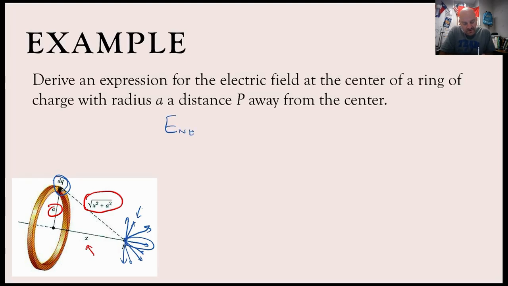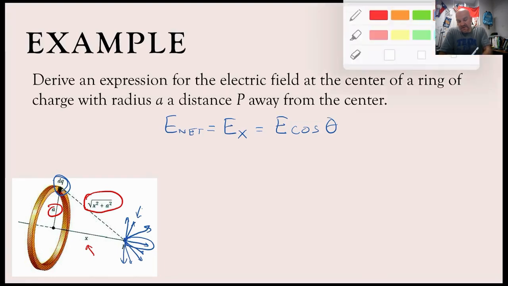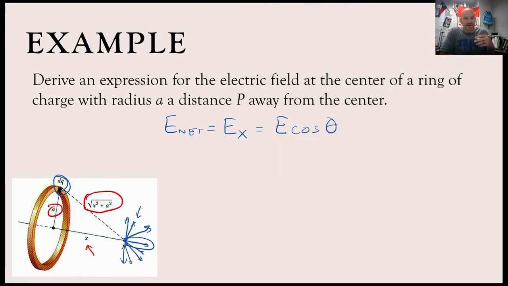So the net electric field in this case is simply E sub x, which is E cosine theta. If we think about an infinite amount of these little pieces, we're going to do dE, because the E field is going to change, and that's what we're going to look for.